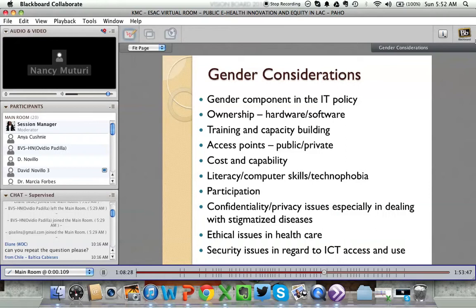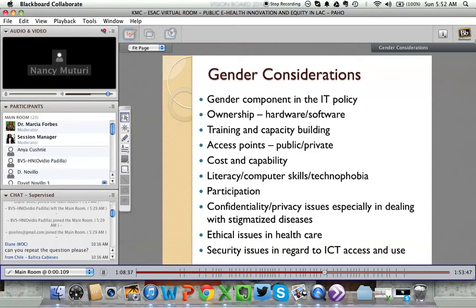There are lots of issues in eHealth when it comes to privacy and confidentiality, especially when you're suffering from some of the stigmatized illnesses or diseases. For example, when you have somebody with HIV, that's obviously a stigmatized disease. How do you really share that information online or with other people? And that has been an issue with eHealth. Then there are ethical issues in healthcare: the extent to which a woman can be really confident that whatever they share with a medical doctor or healthcare person is not going to be shared with other people.